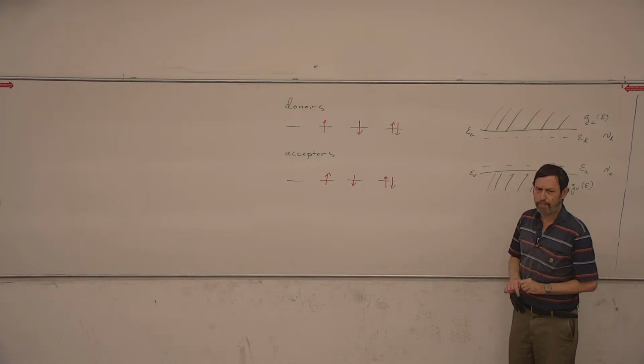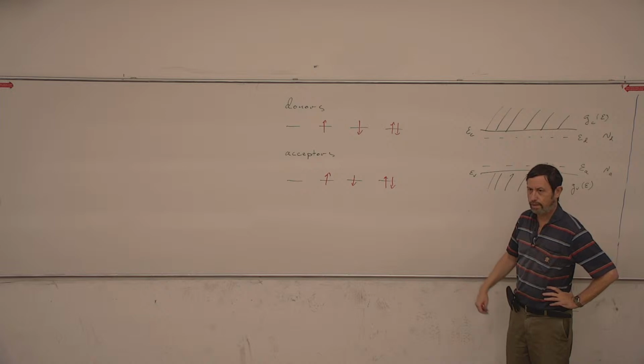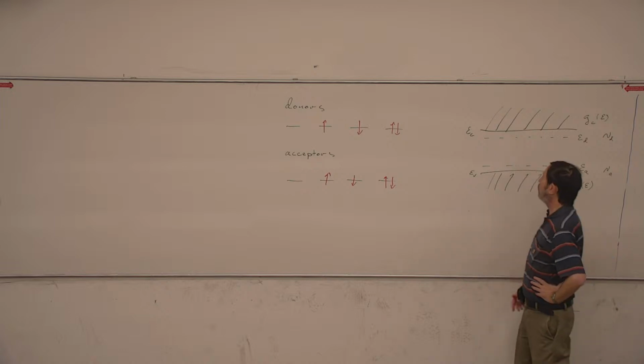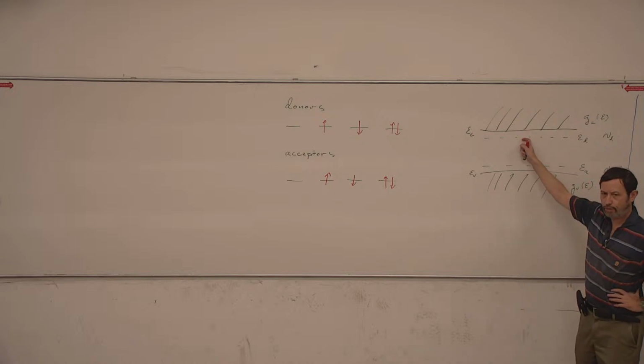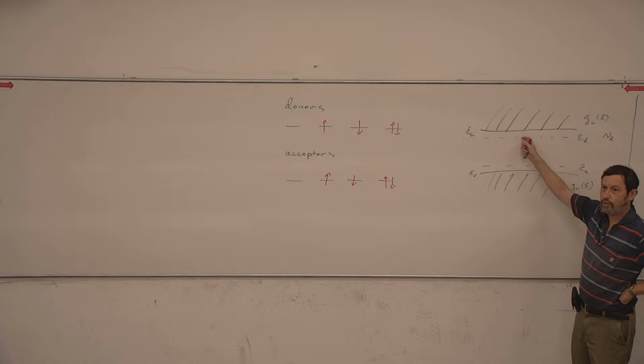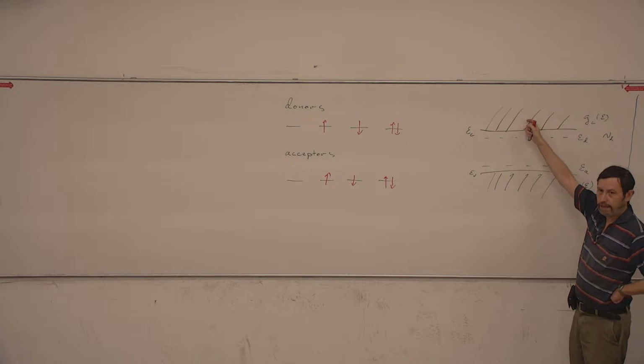I want to simplify a bit what's happening here. What is the most probable behavior for the donor? We are considering finite temperature. Either the electron remains here or the electron moves up.